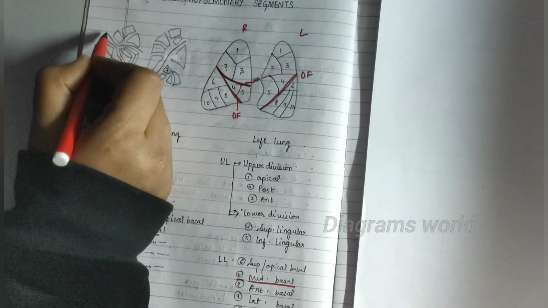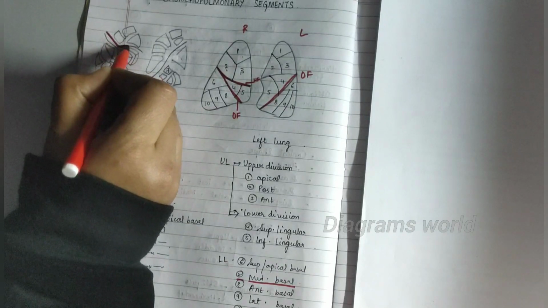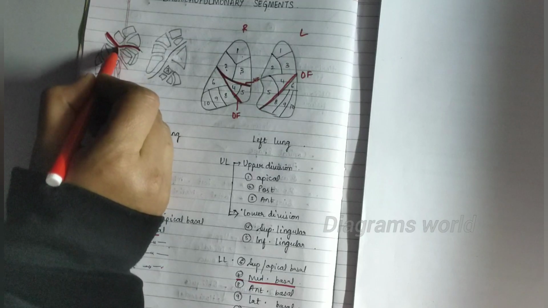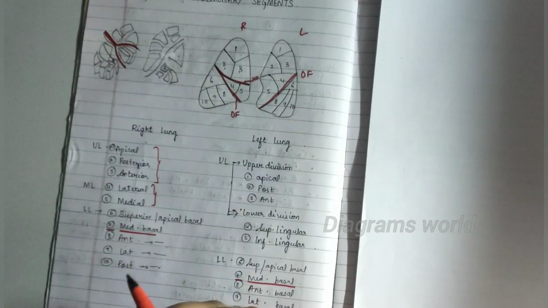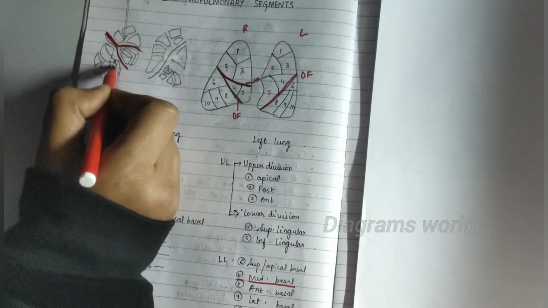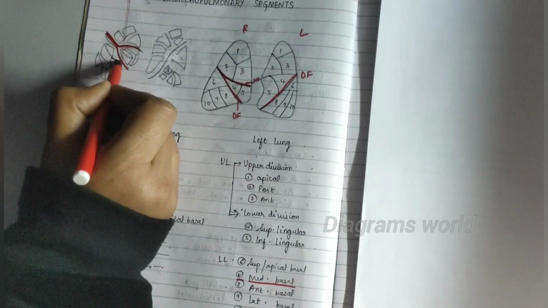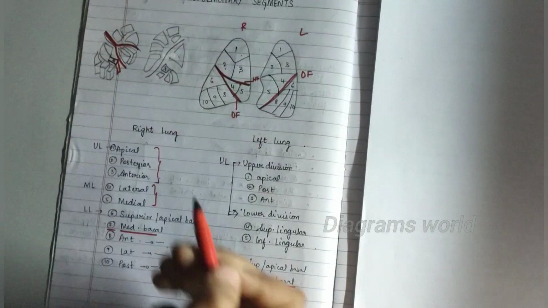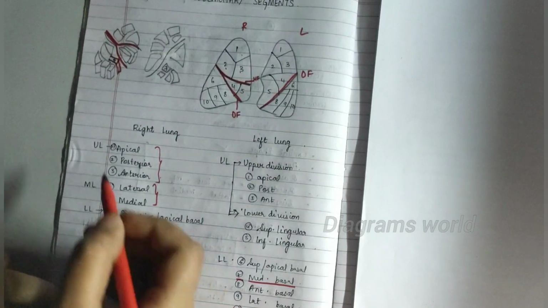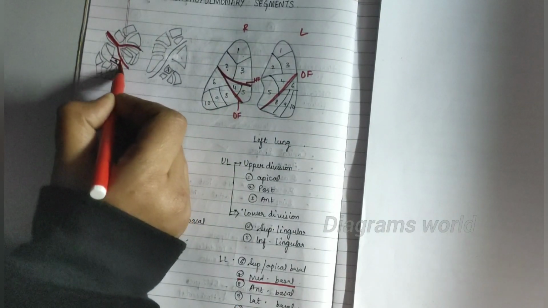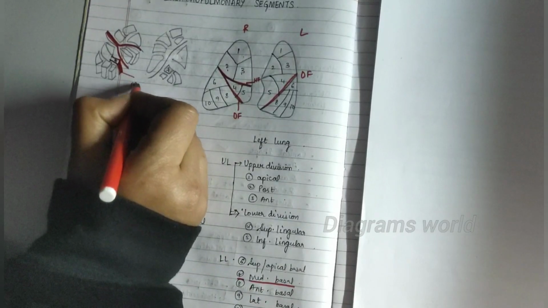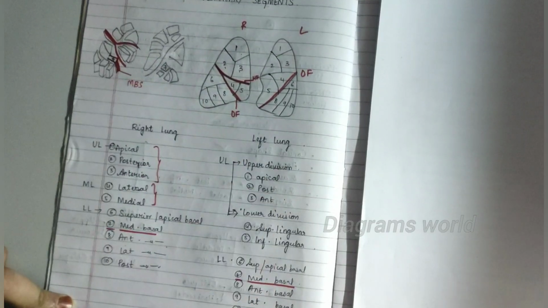In this diagram I have again made our horizontal fissure and oblique fissure. So this is the seventh segment which I am highlighting, which is behind our eighth segment, that is the anterior basal segment. Behind that is our medial basal segment.